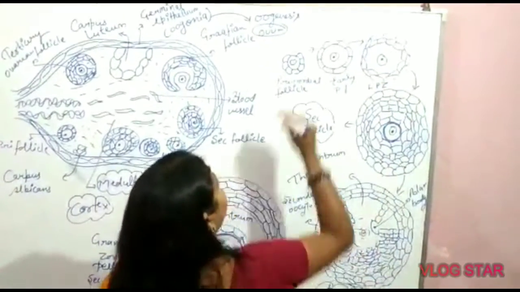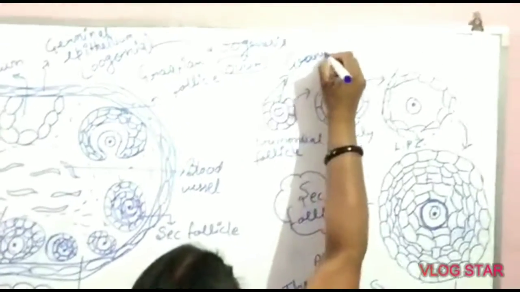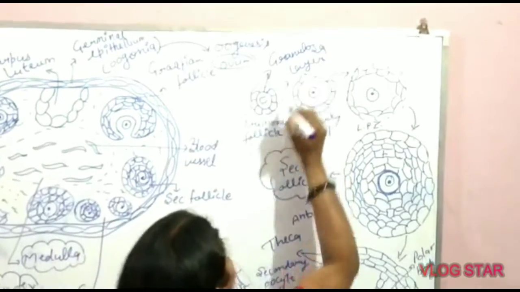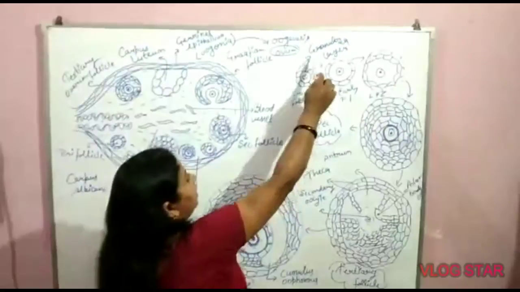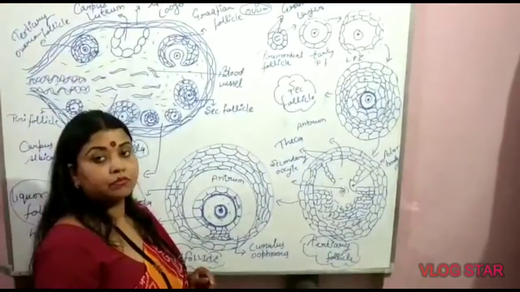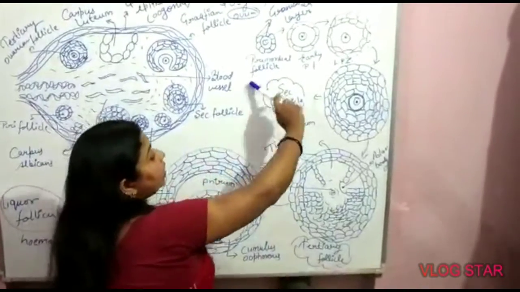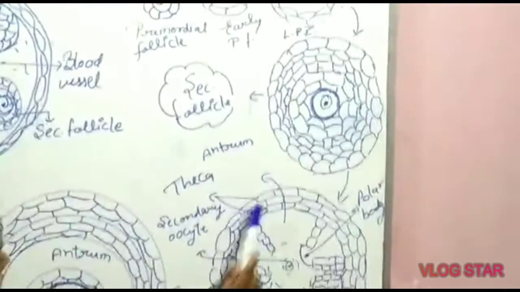These cells form the layer of granulosa. So these oogonia are covered by the layer of granulosa and they convert into the primary follicle. This primary follicle after maturation converts into the secondary follicle and tertiary follicle.